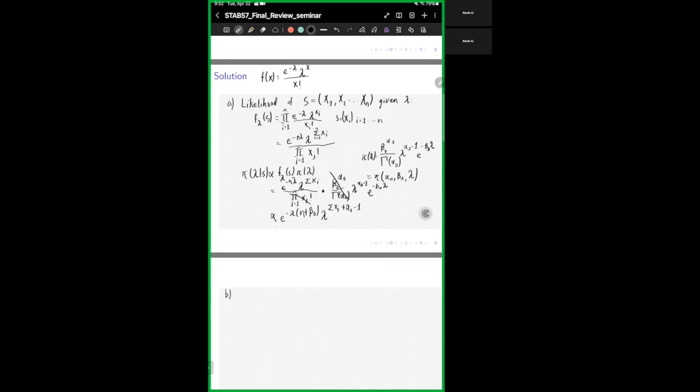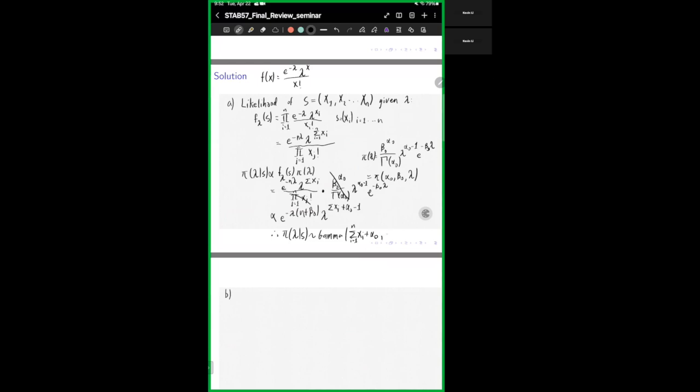Therefore, you can say that pi of lambda given s is distributed gamma with parameters, and these are our new alpha naught and beta naught. So we have parameters sum of xi from i equal to 1 all the way up to n plus alpha naught. So this is alpha naught minus 1, the new alpha naught minus 1.